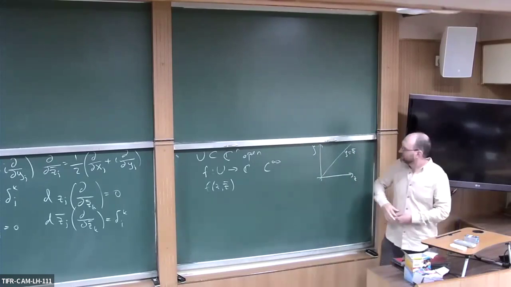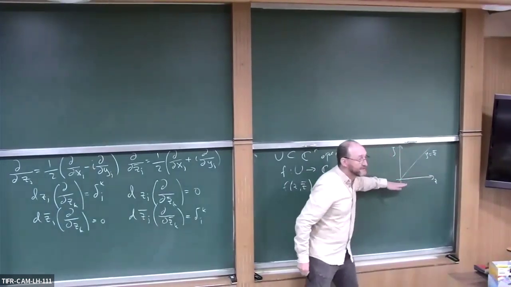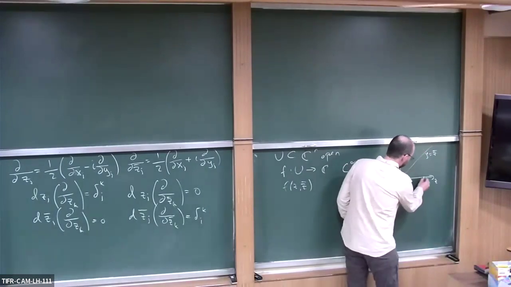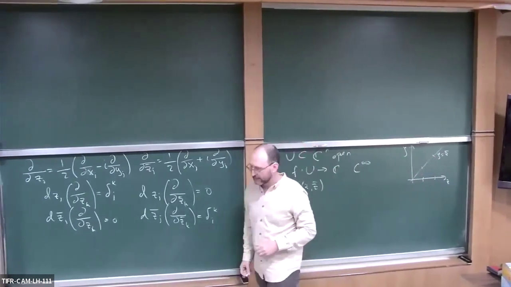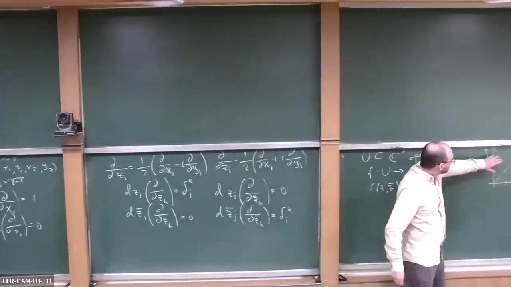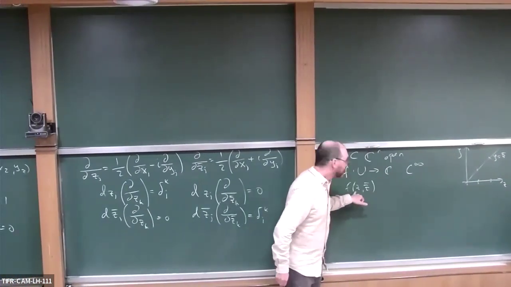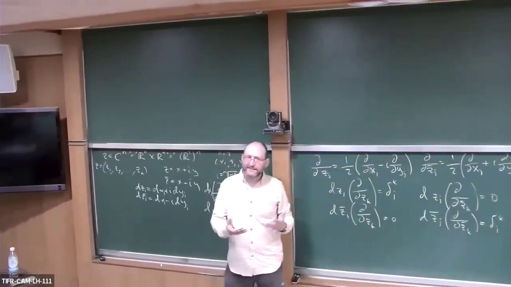So I can think of this guy being defined not in the z plane. I can think of it as being defined from some open set here, related to some open set on the diagonal. And then I could write this function as a function of z bar, right? But it's not really defined anywhere else.